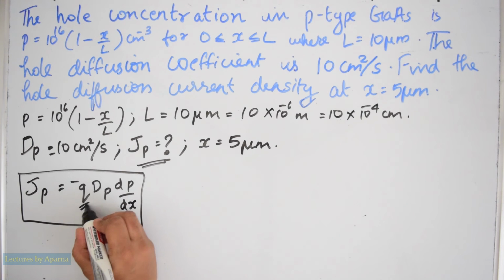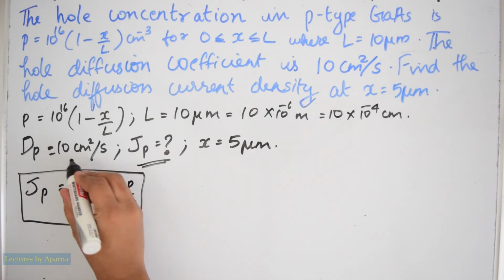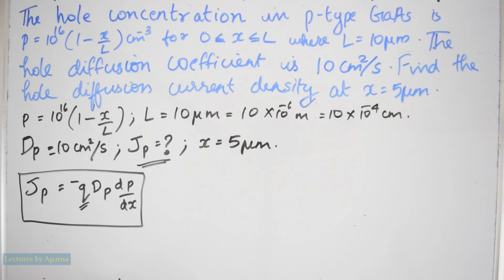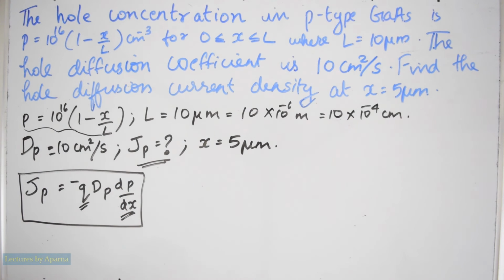So we know the value of Q is 1.6 into 10 raised to minus 19 coulomb. Dp is given here, it is 10 centimeter square per second. This dP by dx we have to find from this equation.